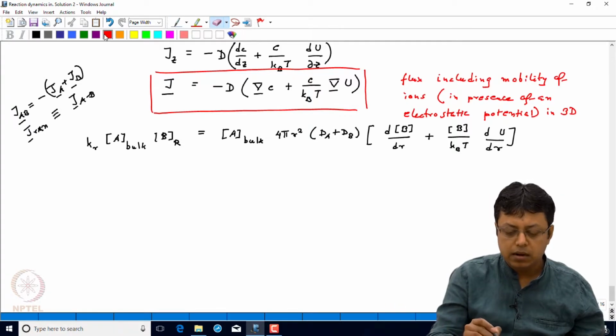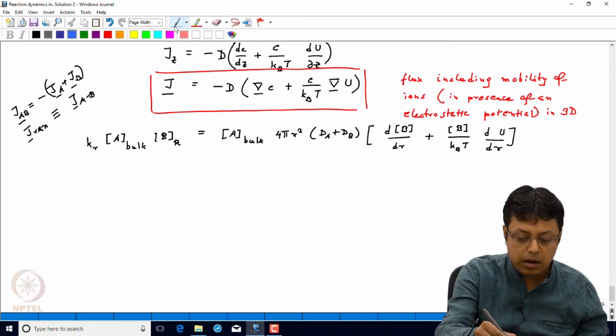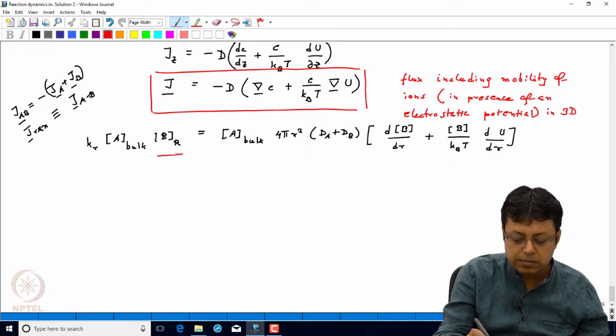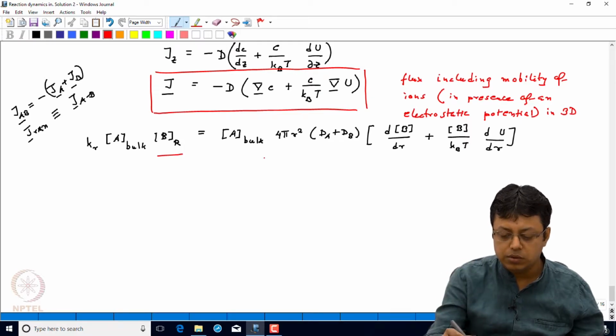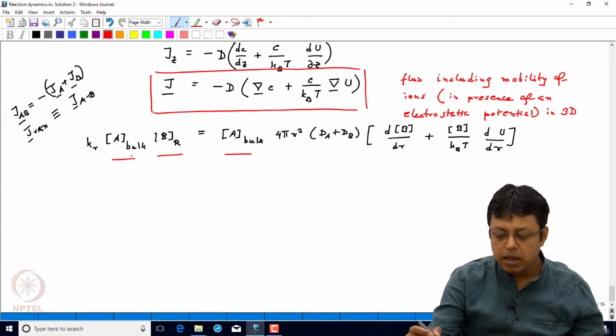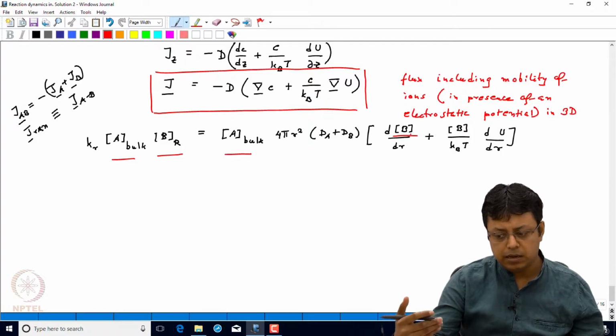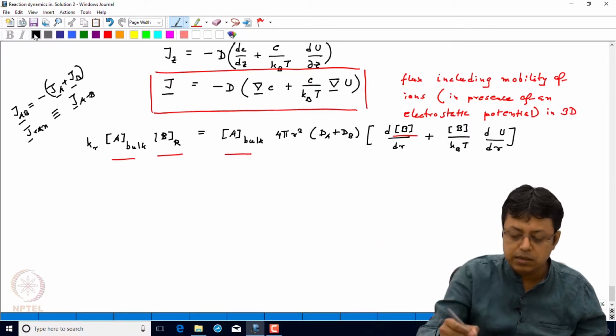What we see right now is that we have an equation for Br, and remember that this is a constant, the concentration of B at the reaction zone, and A bulk is also constant. Anyway, A bulk will be eliminated from both sides eventually, and B is a variable. It is how the concentration varies with the radial position as we increase the distance from the central ion.